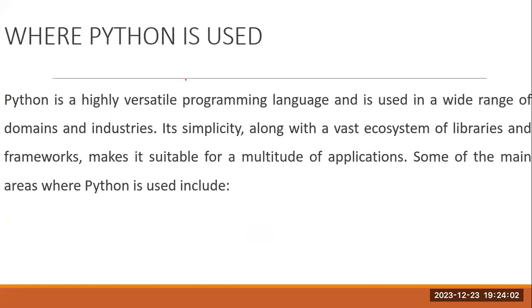Where is Python being used? Python is being used in a wide range of domains and industries. The main purpose of this Python series is that this is a very useful tool you can use in industries.